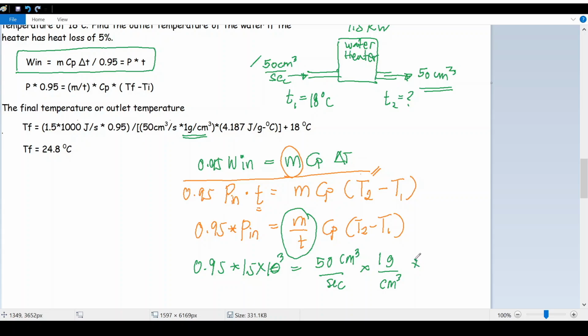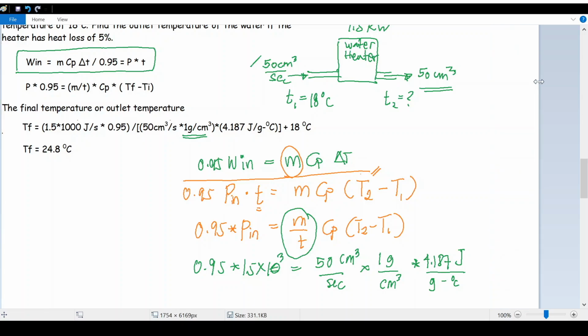Multiplied with the Cp, which is 4.187 joules per gram Celsius, times the change in temperature, which is the final temperature minus the initial temperature of 18 degrees.